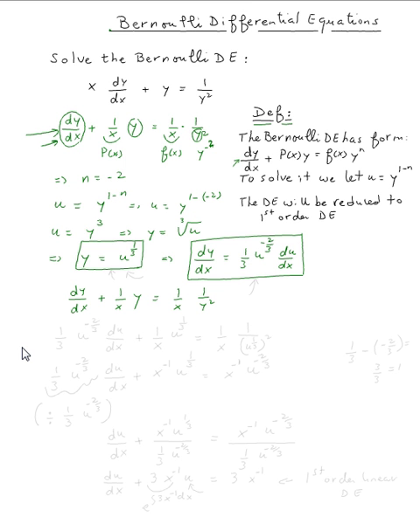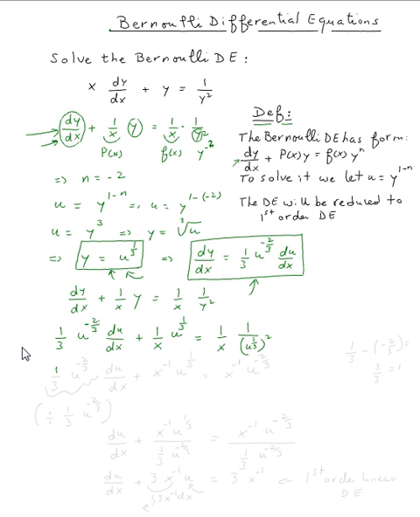First I replace dy/dx, and its formula is right here: 1/3 u to the negative 2/3 du/dx, plus 1 over x, and the y is right here, it's u to the 1/3, equals 1 over x times 1 over y squared, and y is right here again, so it's u to the 1/3, but you want everything squared.